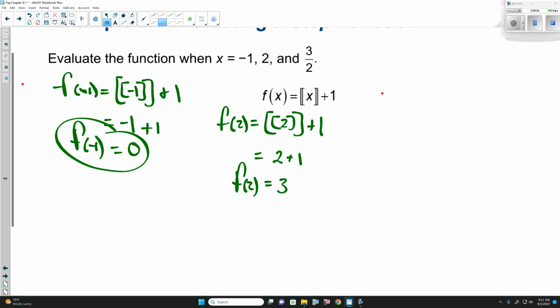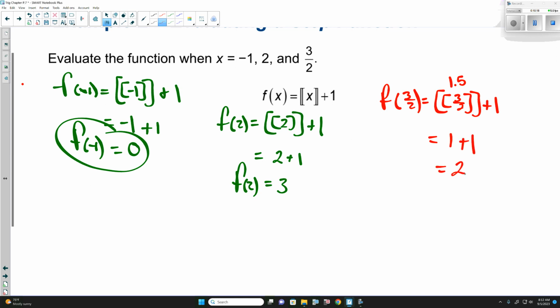Now the last one, f of 3/2 would be the step function of 3/2 plus 1. So what is our step function for 3/2? It's not 3/2. Because 3/2 is the same as what? 1 point 5. It would be 1.